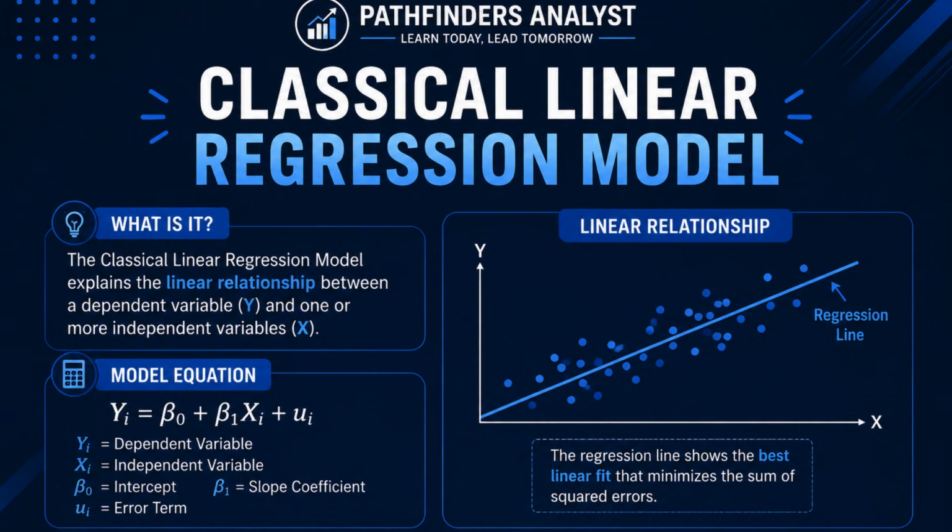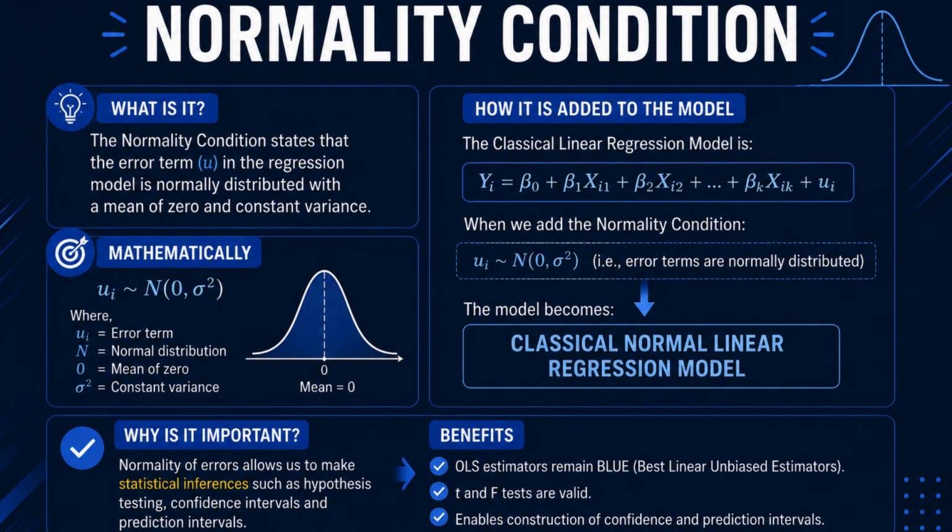So, the regression model can be thought of as systematic part plus unexplained part. The systematic part is explained by our x variables, while the unexplained part is captured by the error term. The objective of OLS is then to estimate the unknown coefficients, such as β0 and β1, using sample data.